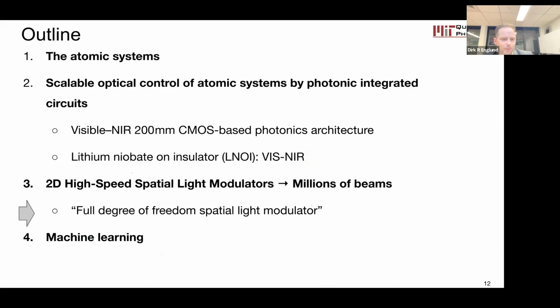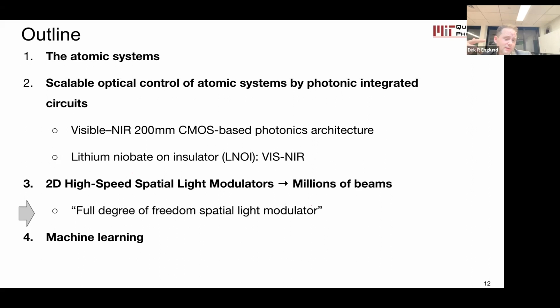I guess one thing that people did want me to talk about is this thing here at the end on spatial light modulators. So when you think about where today's technology is, you have on the one hand high-speed optical modulators, but few of them. Telecoms uses single modulators, or perhaps a dozen or so in an optical system.